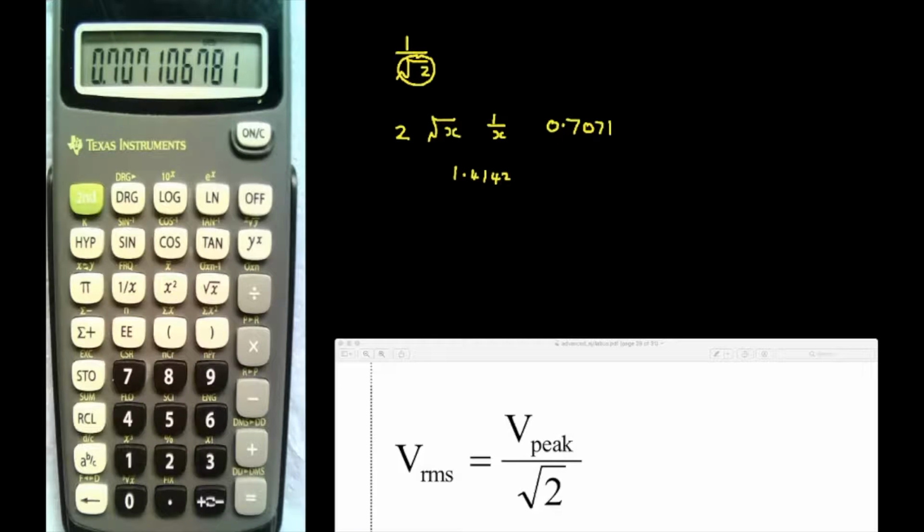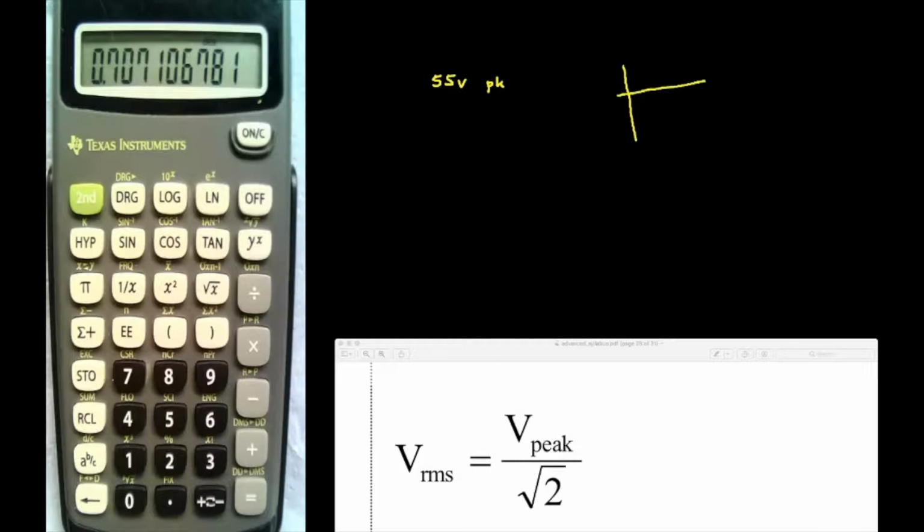Let's do an example then. Let's say we had a circuit with 55 volts peak. What are we saying there? We're saying there's an AC waveform and it goes plus 55 and minus 55.